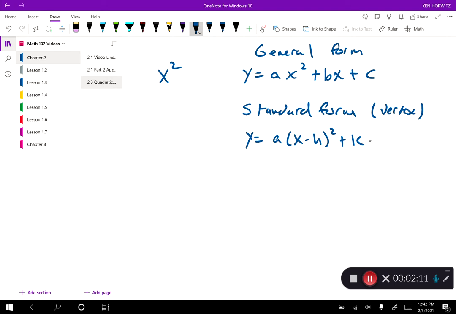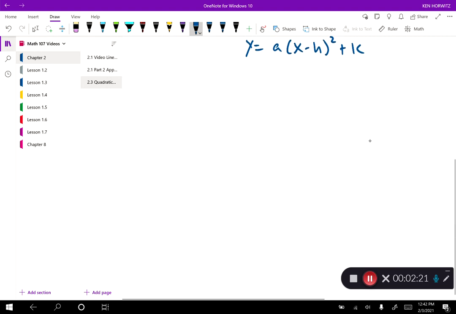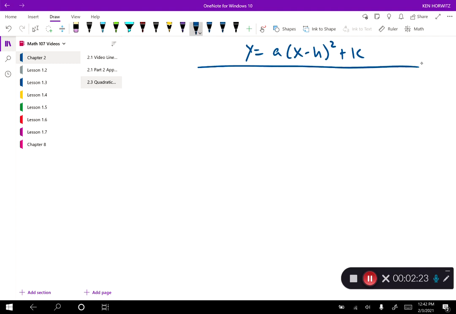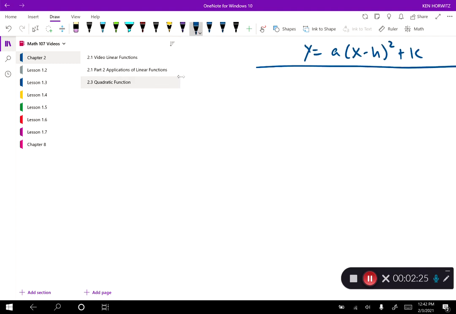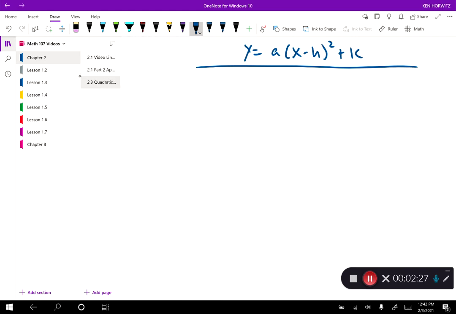Both are quadratic equations. Both tell you an awful lot about how to graph. They just tell you it in slightly different ways. So we're going to start with general form. Okay? Let's start with general form.